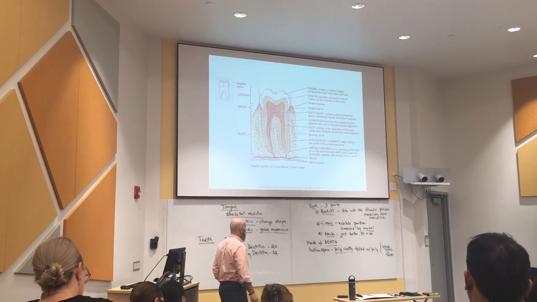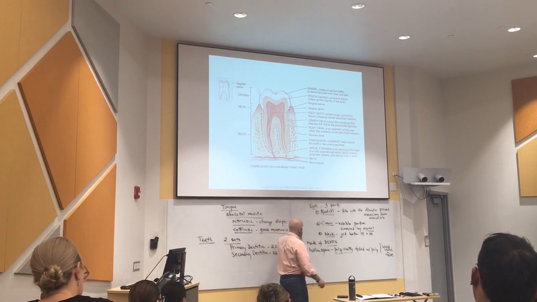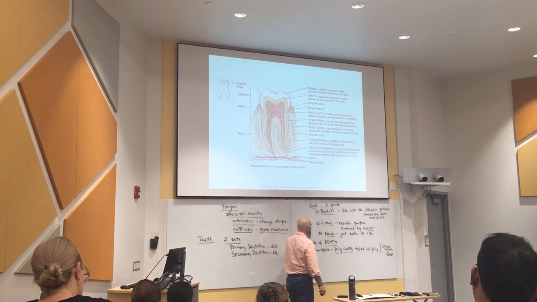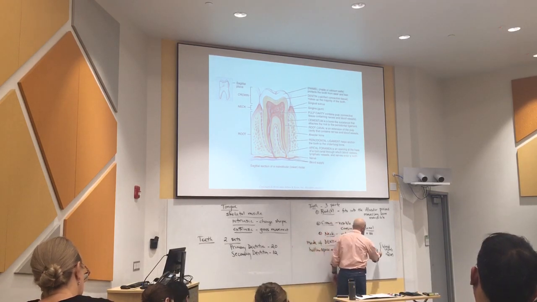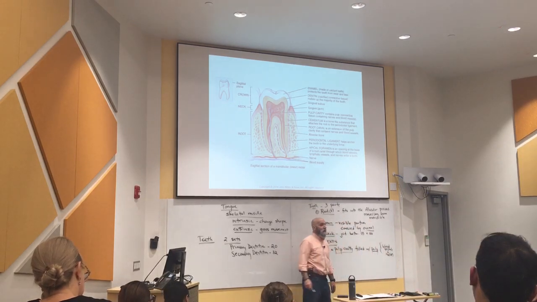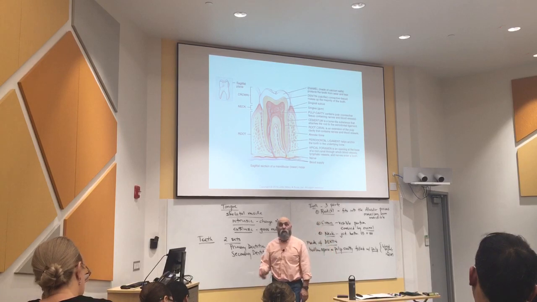So again, the tooth is mainly made of dentin. There is a hollow space inside. That hollow space is called the pulp cavity. It's filled with something that we collectively call pulp. And the pulp is really the blood vessels inside the tooth and the nerves.